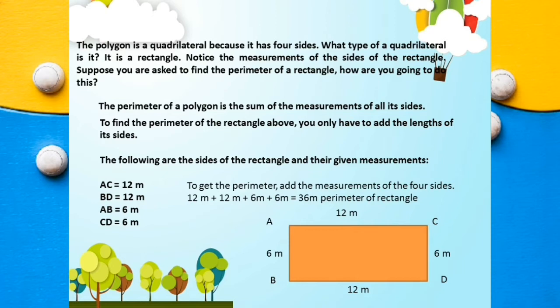So this is rectangle ABCD. To get the perimeter, simply add the measurements of the 4 sides. 12 meters plus 12 meters plus 6 meters plus 6 meters is equal to 36 meters. Therefore, the answer is 36 meters, the perimeter of the rectangle.